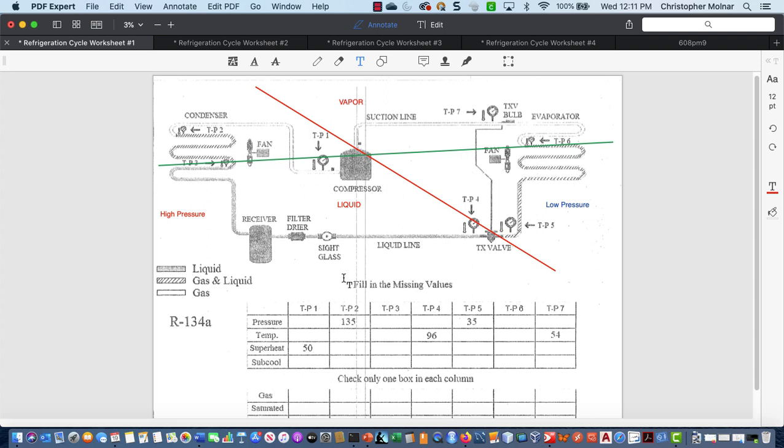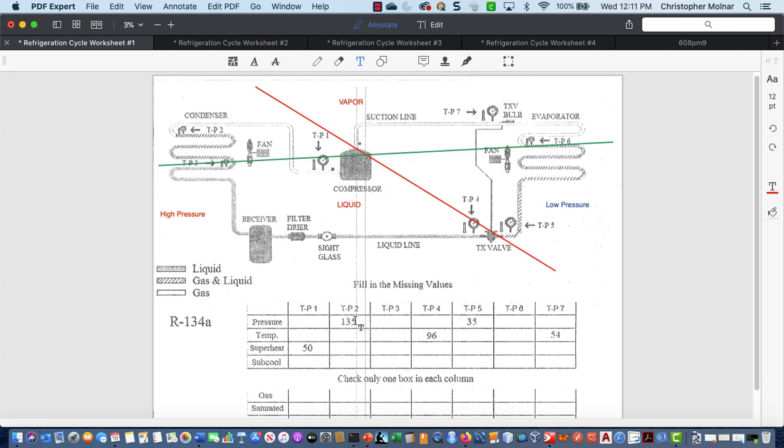Now, we've already gone over this in the refrigeration cycle, but when you're looking at these worksheets, this is where it becomes important. We have a refrigerant, R134A. Now, what we need to do is find out what things are at these different points. We know some numbers are given.